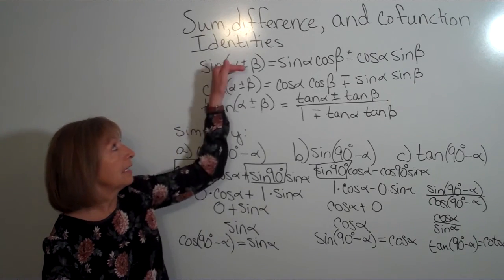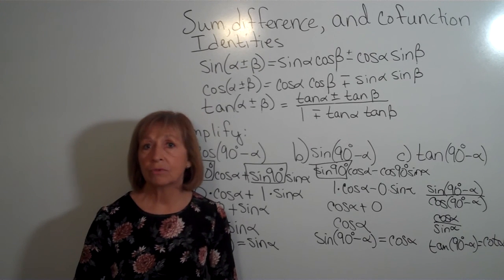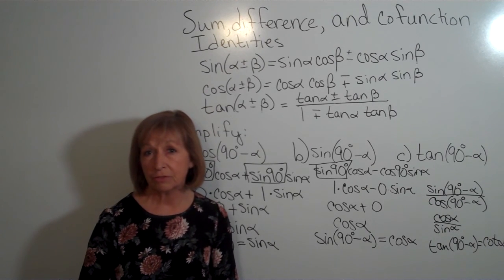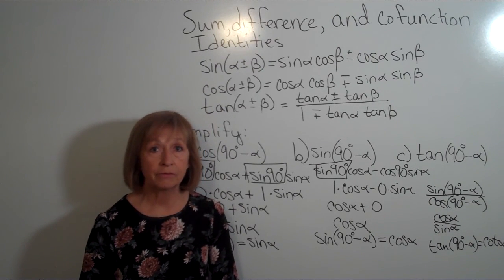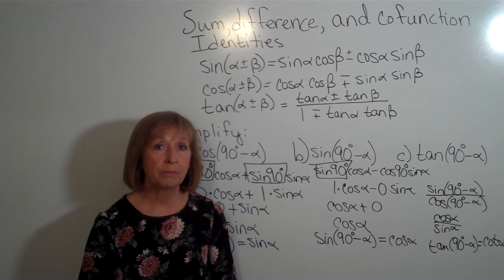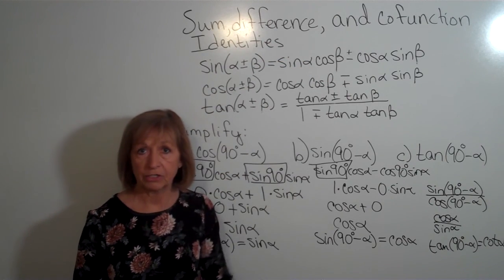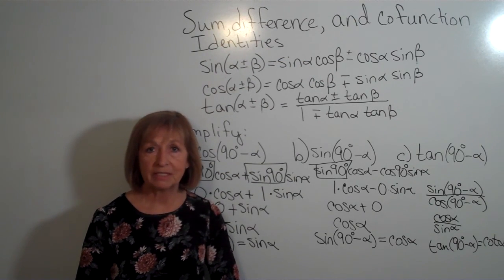And again, if you wanted the sums or differences for the cosecant of the sum of two angles, the difference of two angles, the secant of the sum or difference of two angles, or the cotangent of the sum or difference of two angles, you would just have 1 over these expressions for it and can do your replacements that way.